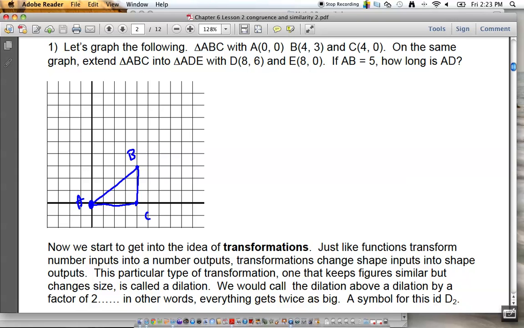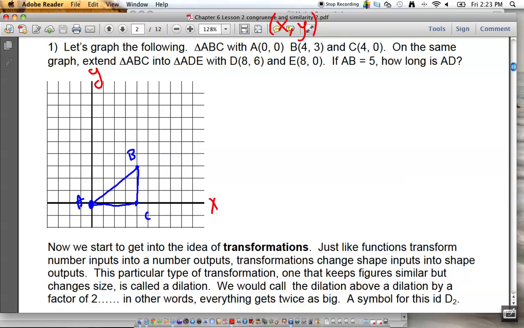No, you reversed them. You did 4, 3, and 4, 0. Or 0, 4 rather than 4, 0. Okay. Now, I've seen about 5 papers where kids reverse the coordinates. Look, any coordinate starts with the x-axis. So when I read 4, 3, I go to 4 on the x-axis and then up 3 to the y, and that's where point B is.